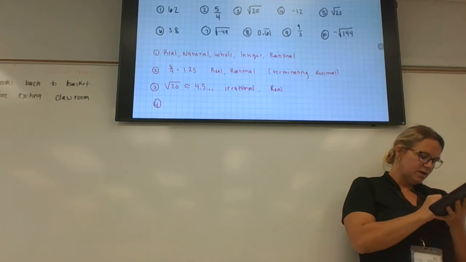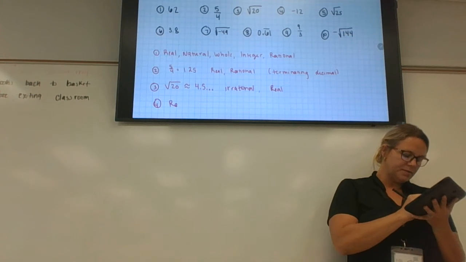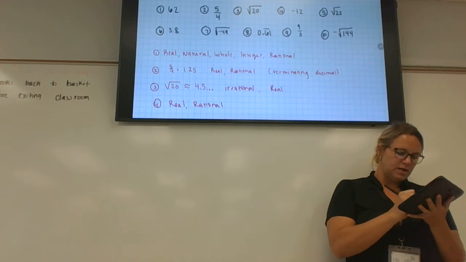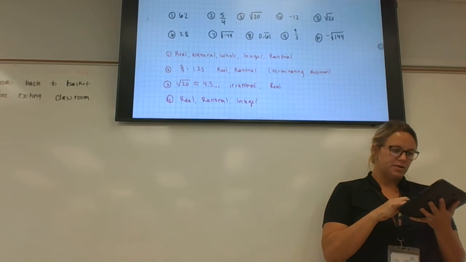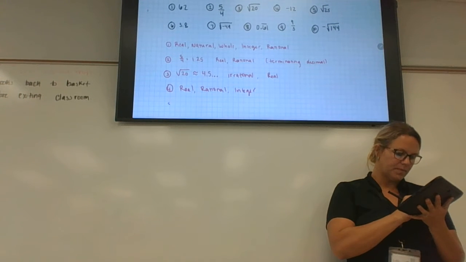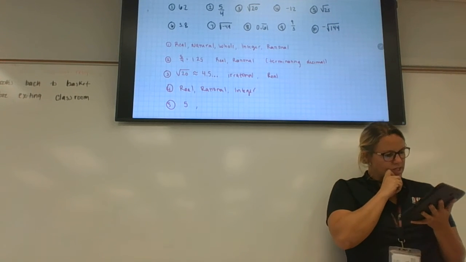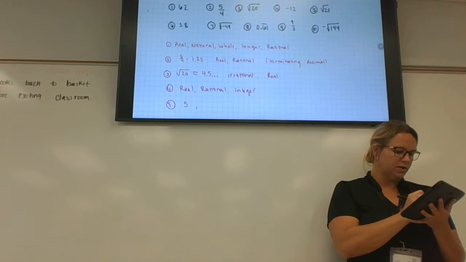Number 4, we're going to call that a real number, a rational number, and an integer. Number 5, the square root of 25 is 5. So this is just like 62. Let's see if I can copy and paste it.